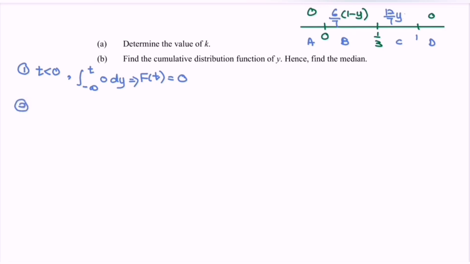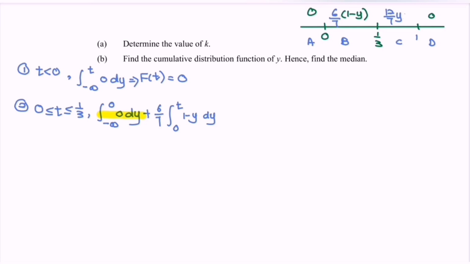Number 2, for part B, the range is 0 until 1/3. So integrate from negative infinity until 0 for the function 0 dy, plus integrate from 0 until t for the function (1 minus y) dy, multiplied by 6/7. As we know, the first part equals 0.